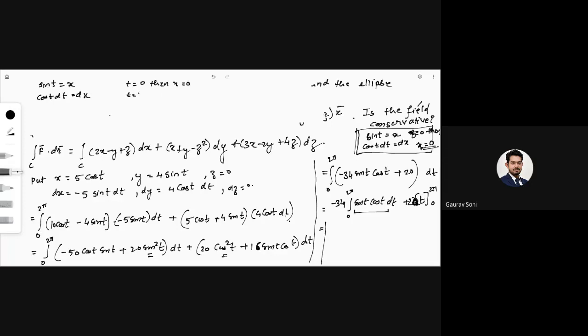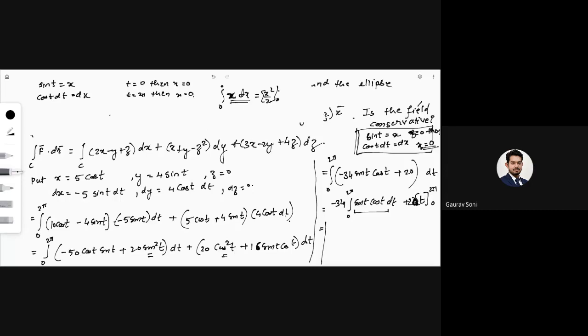If t is equal to 2 pi, then still x is 0. So if you put this 0 to 0, whatever the answer is, so x dx, this is what it is going to be, an integration x square by 2, 0 to 0.